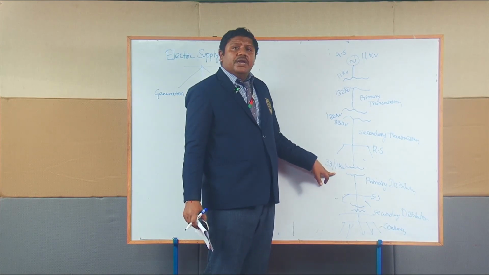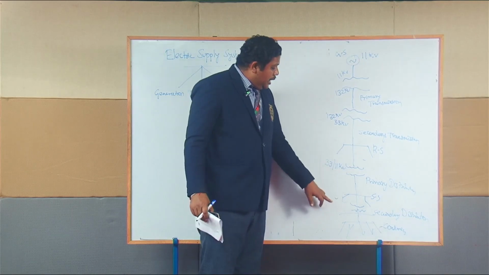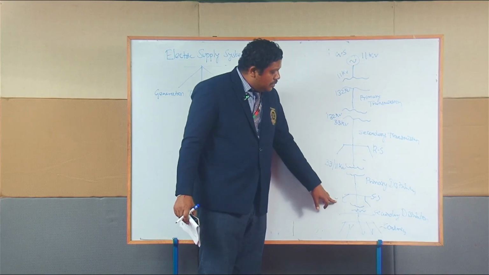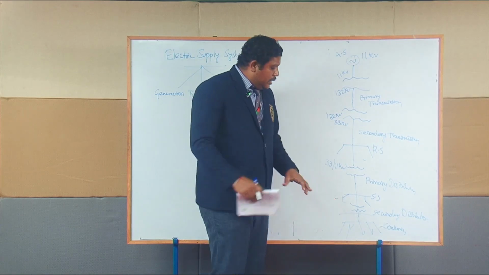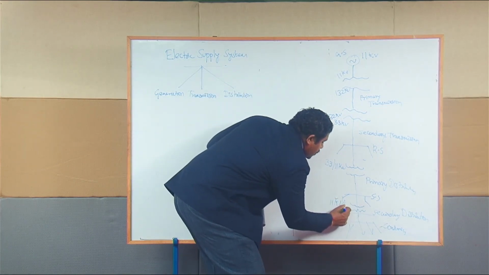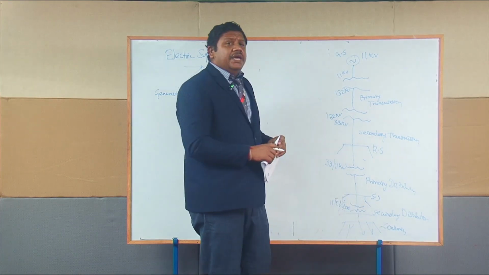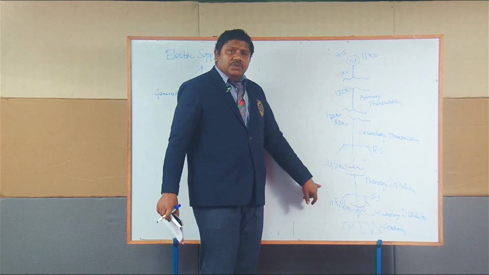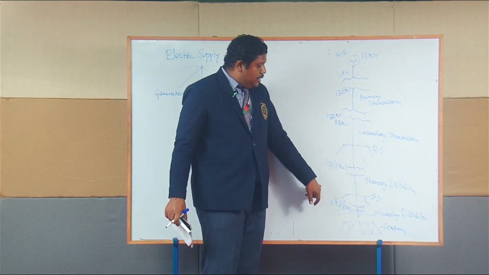At the secondary distribution, the level is 11 kV to 400 volts, where we can supply many small consumers, both single phase and three phase.